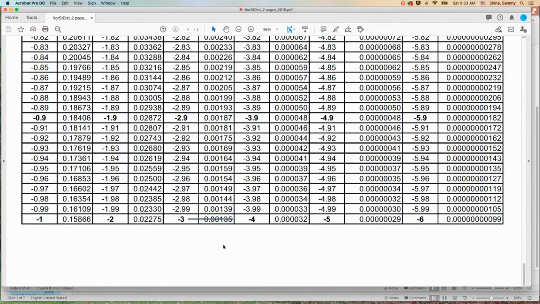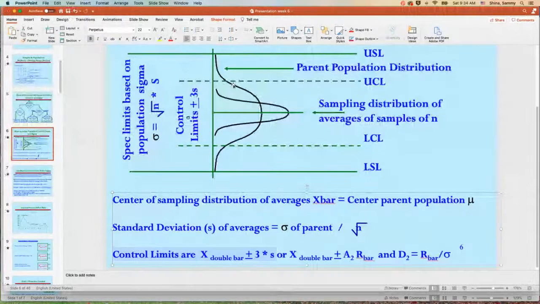So that says if you have a point outside of the control limit, the probability of that being either above the upper control limit or below the lower control limit is 2,700 parts per million. That's pretty low. So if you actually do get a point outside of the control limits, that indicates something has gone wrong.